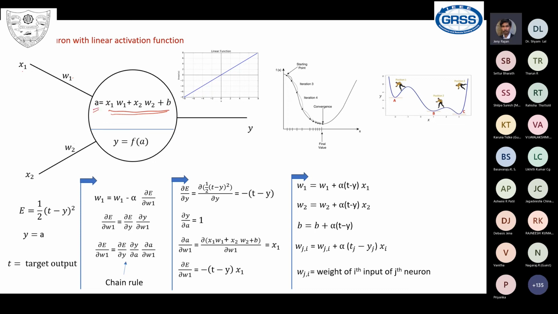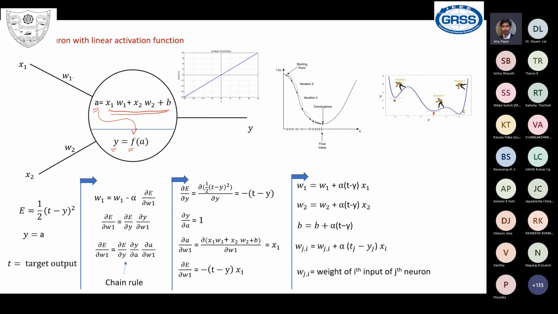This A is the weighted sum, and we are going to give this weighted sum to an activation function. This F is an activation function. Based on this value of A, we will get some Y. For simplicity, we are going to assume we are using a linear activation function, an identity function. When F is an identity function, what will be the output?